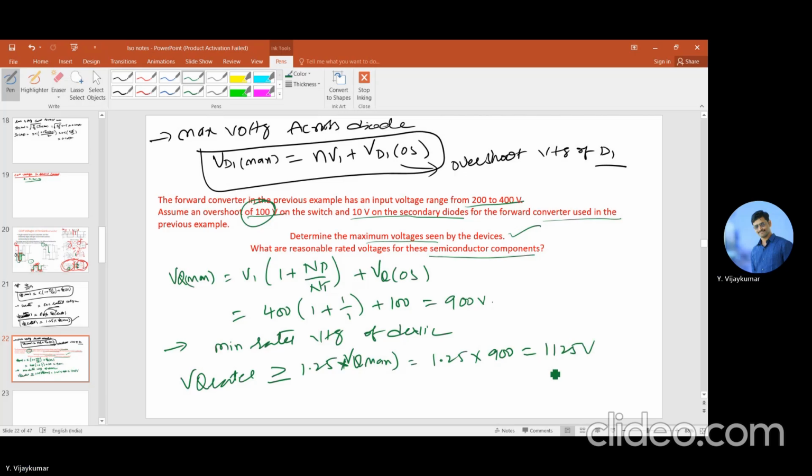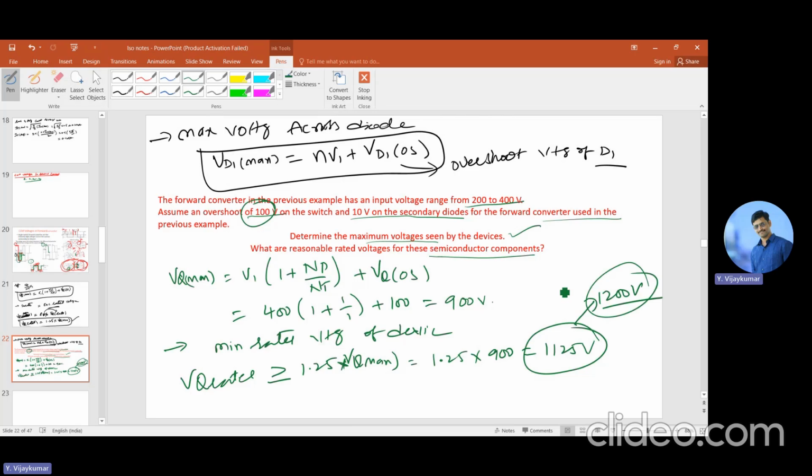So approximately we choose a rounded value of 1200 volts, which is appropriate for the switch when it is derated. If you want to operate at this voltage, we have to choose a device voltage of 1200 volts.